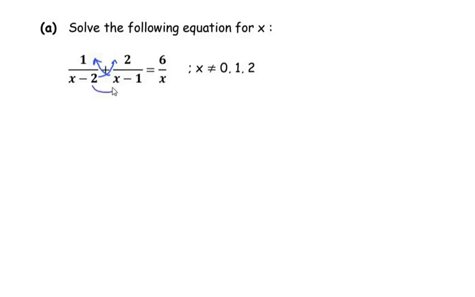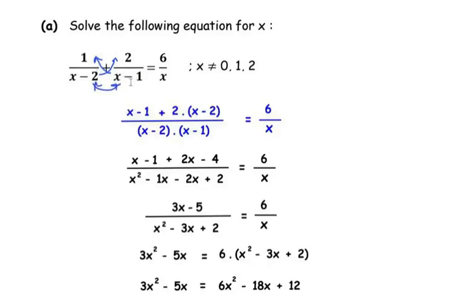Then these two denominators will multiply with each other. So we get 1 times x minus 1 gives us x minus 1, plus 2 times x minus 2, over x minus 2 times x minus 1, equal to 6 over x.